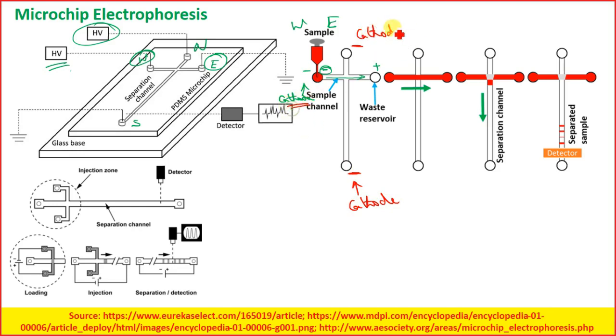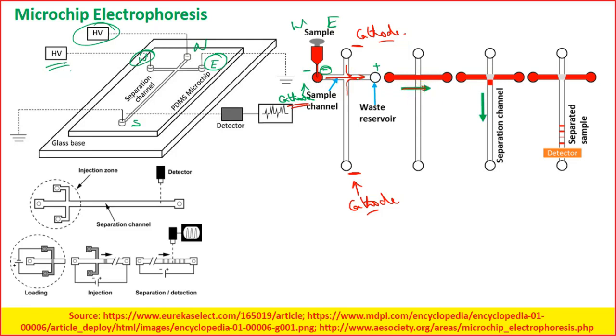This is cathode, this also becomes cathode. So what will happen? There will be a movement of the ions like in this fashion. So what it will do, it will keep the movement of the anions from west to east. Now once it is done, see, during this process the movement of ions is in this fashion.